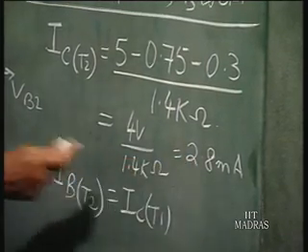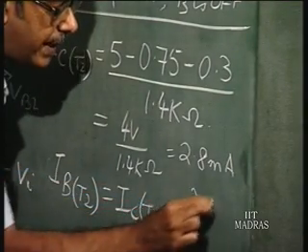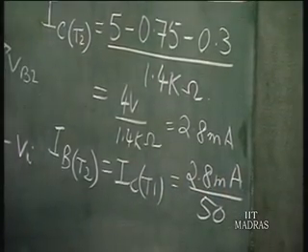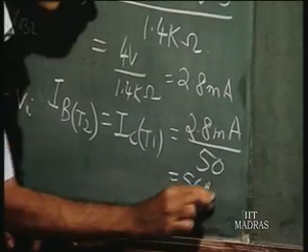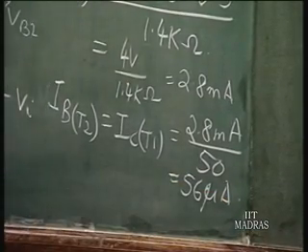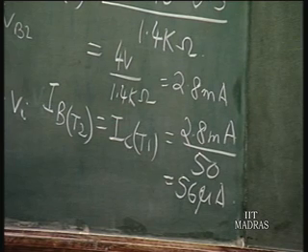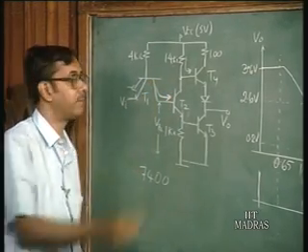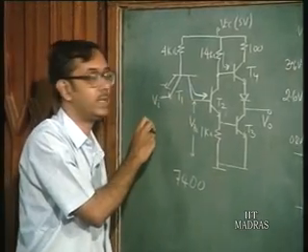If you assume a beta of 50, say, this is going to be 2.8 milliampere by 50, which works out to be 56 microamperes. So at that point of time, a current of 56 microamperes is flowing into the base of T2.